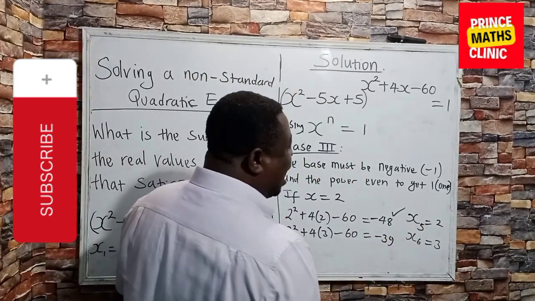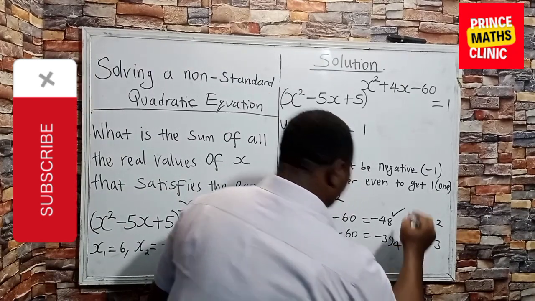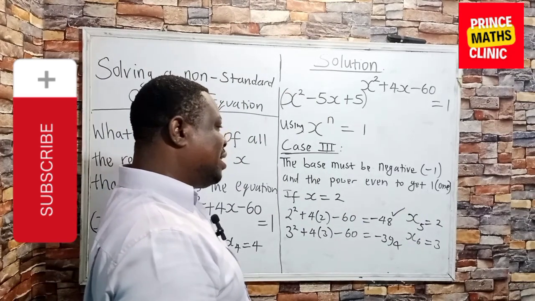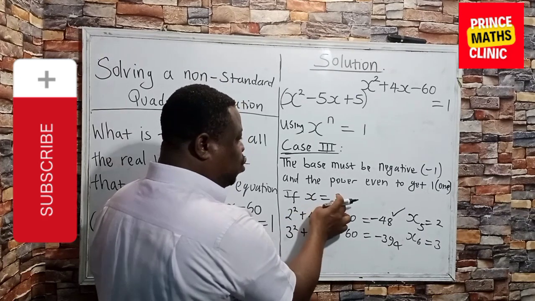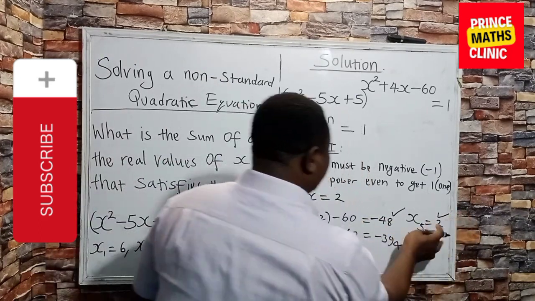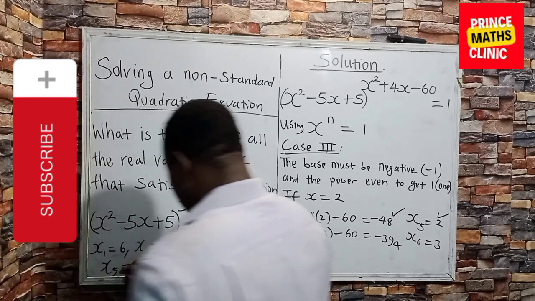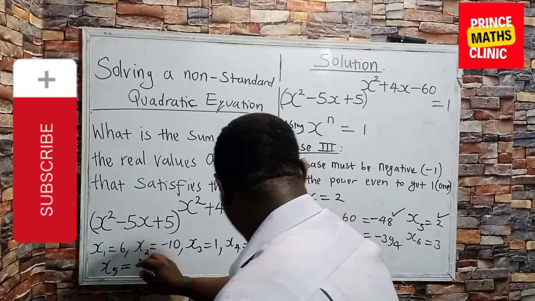And negative 39 is not even, right? So this is not obtainable. So it means that the only value that passed the test of even number here is when x is 2. So I will take this as my x5. x5 is equal to 2.